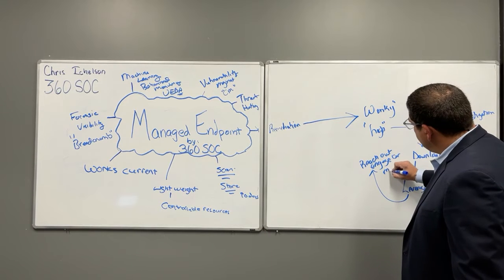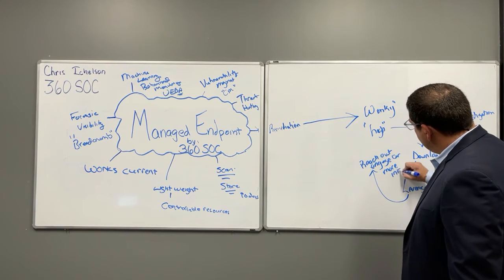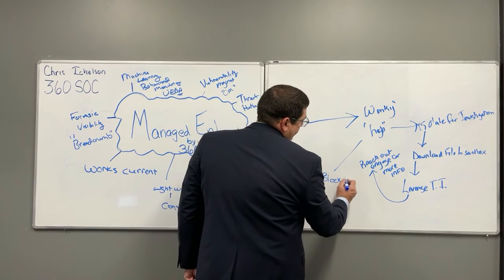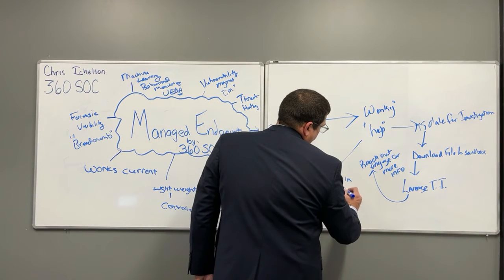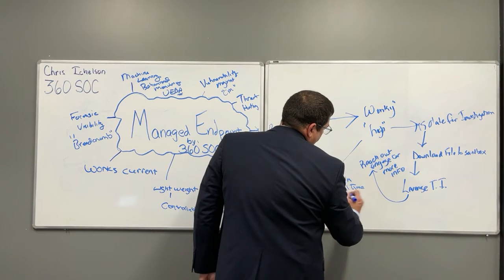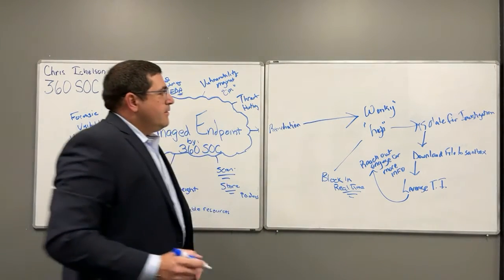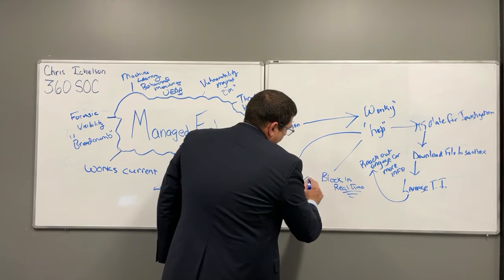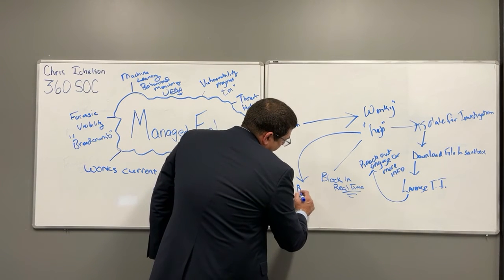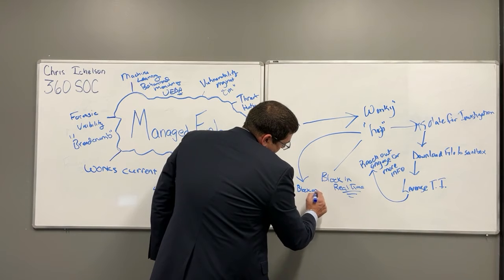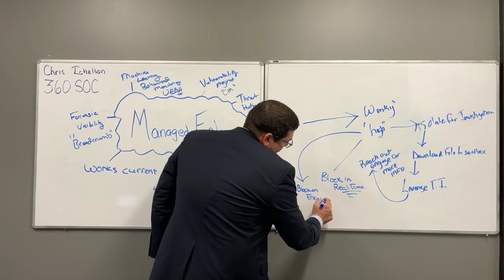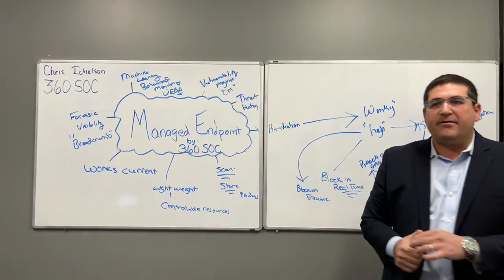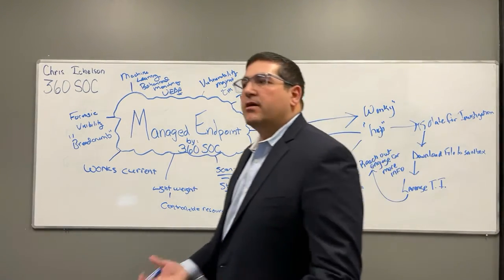We're going to block, block in real time. In addition, we're going to block on your firewall too, which helps us create that kind of walk, run, marathon process with our customers.